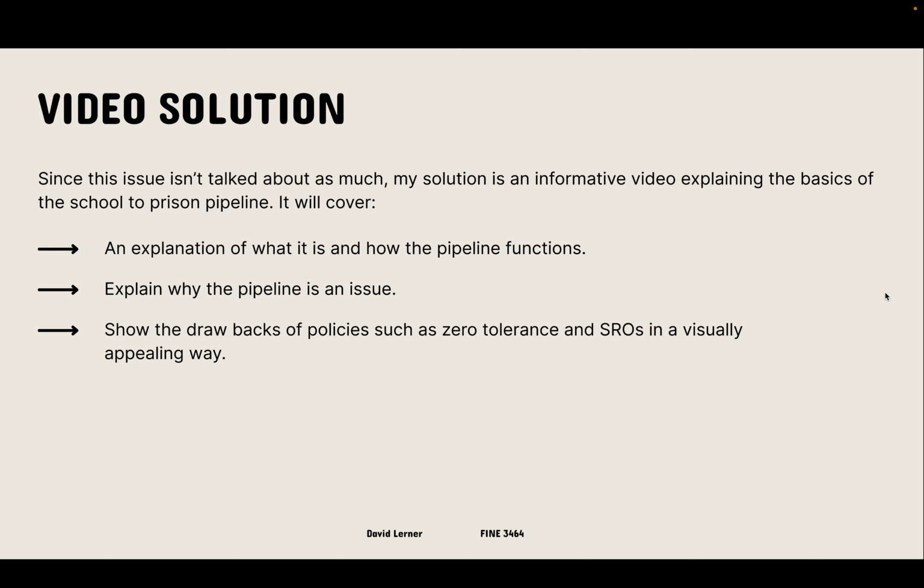So maybe we can get a message across. I just want to explain what the pipeline is, why the pipeline's an issue, and the drawbacks of those two policies, zero tolerance and SROs.